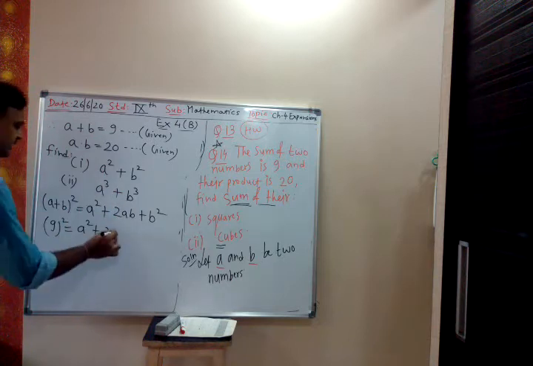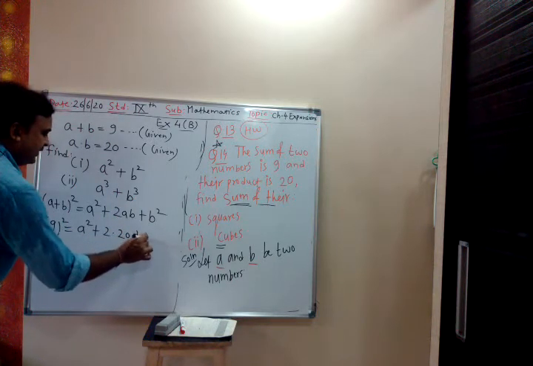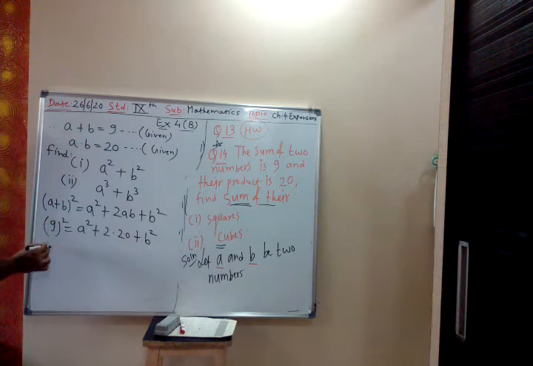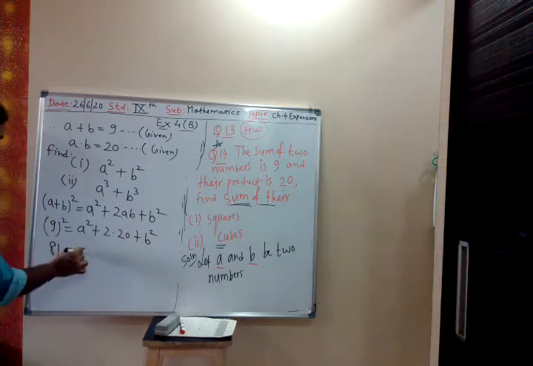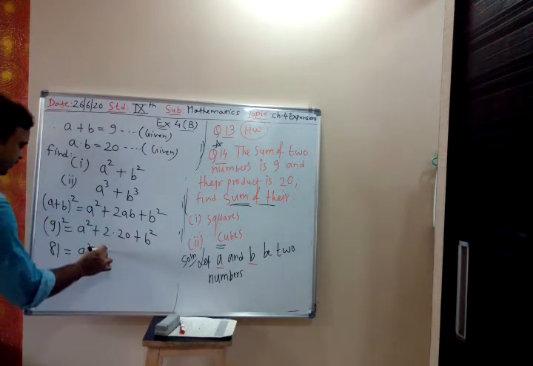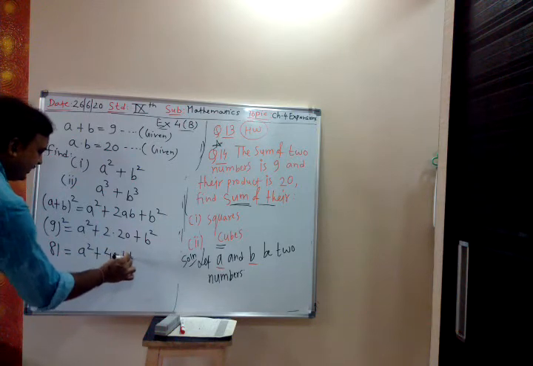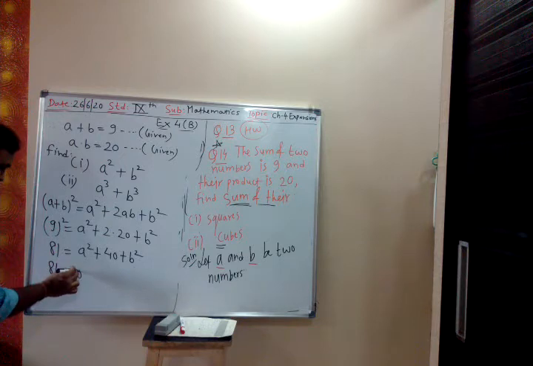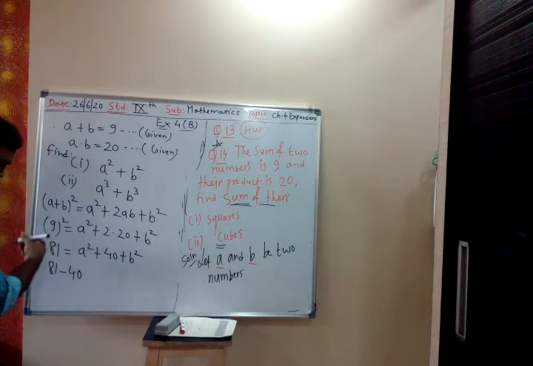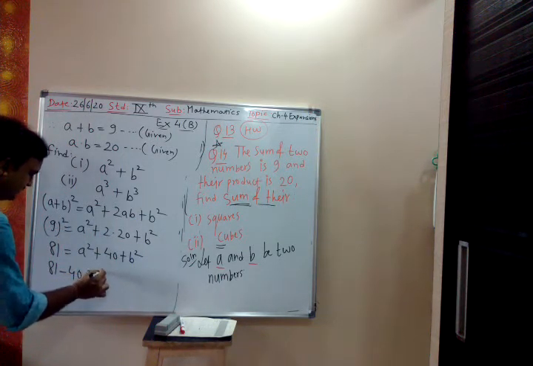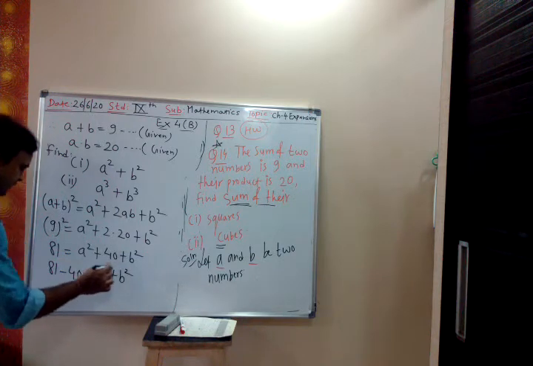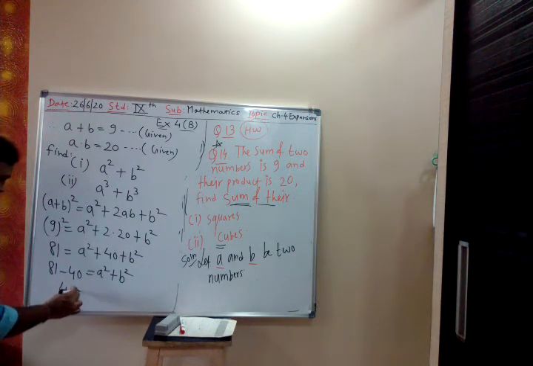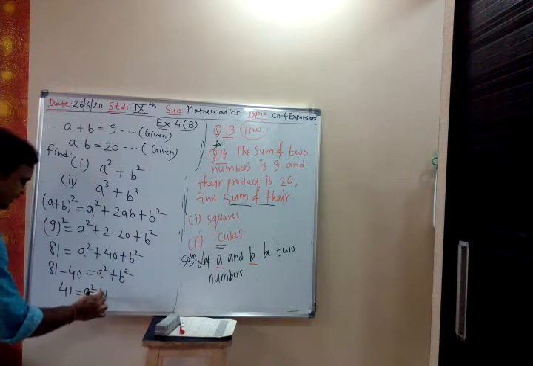AB is the product, 20, plus B square. 9 square is 81, equal to A square plus 40 plus B square. We take 40 on this side. 81 minus 40 is A square plus B square. So 41 is equal to A square plus B square.